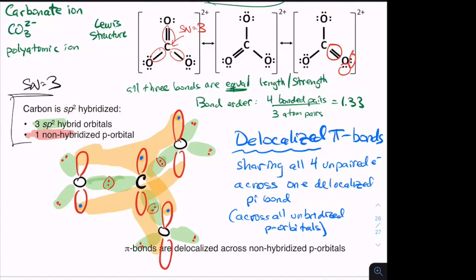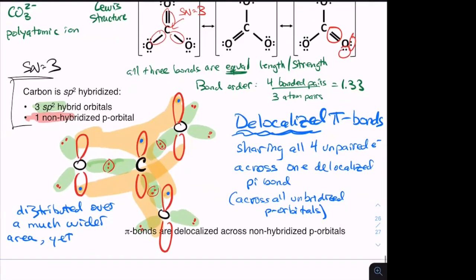The same idea is here with resonance. With resonance, we can delocalize those electrons over a much wider area, distributed over a much wider area, yet it's still part of the molecule.